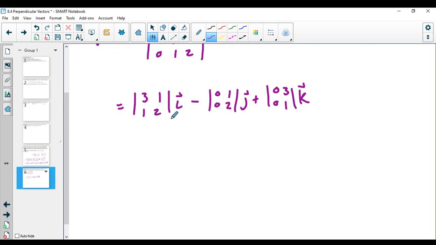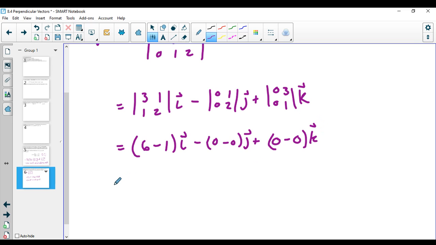And then for the determinants of these smaller matrices, you multiply the diagonals. So 3 times 2 is 6, minus 1 times 1 is 1, minus 0 times 2 is 0, 0 times 1 is 0, 0 times 1 is 0, minus 0 times 3 is 0.